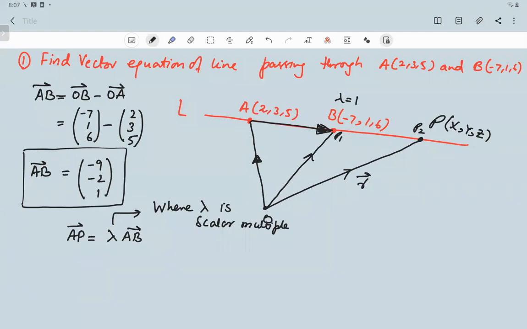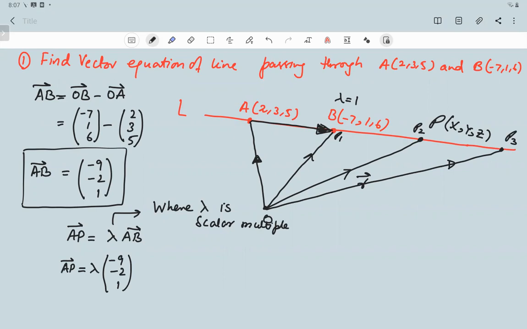And when lambda is 3, P is somewhere over here. So as lambda changes, P traces out this red line, and AP is equal to lambda times (-9, -2, 1), okay?